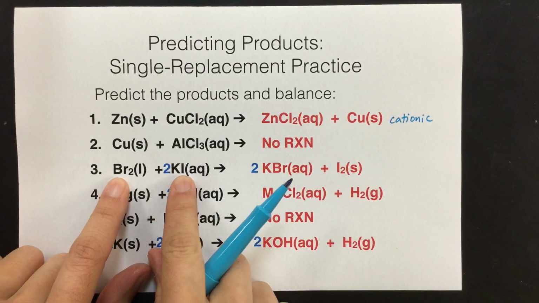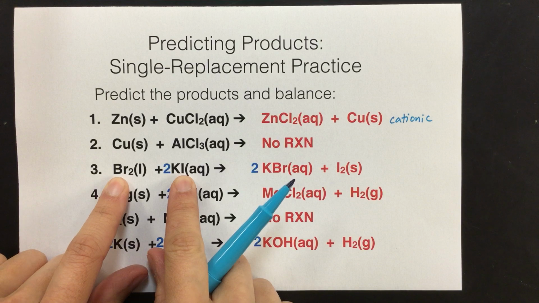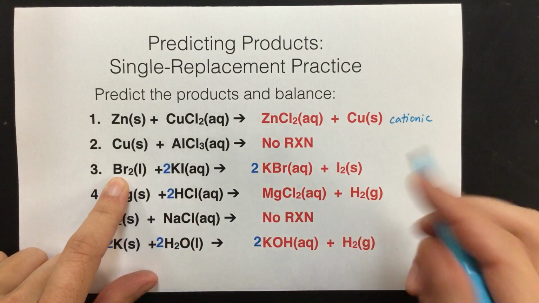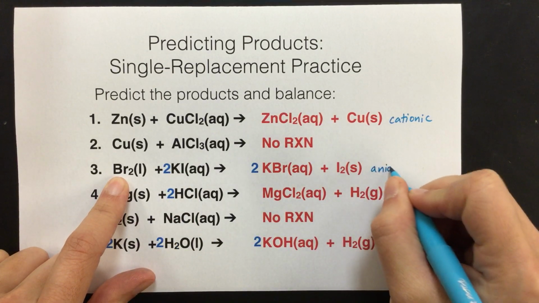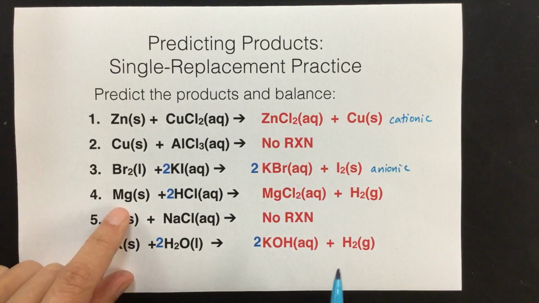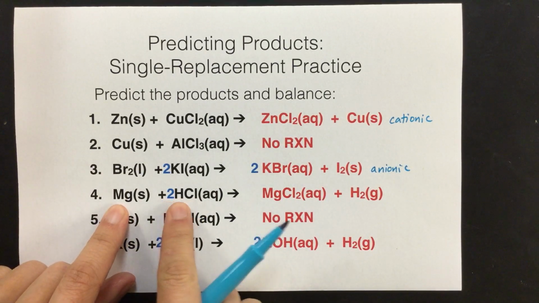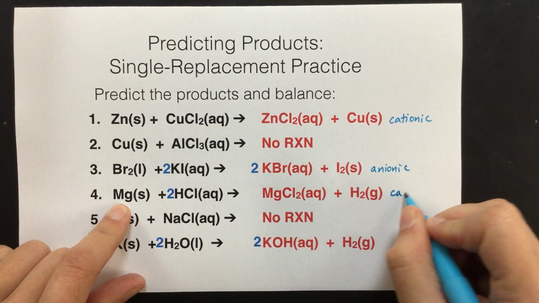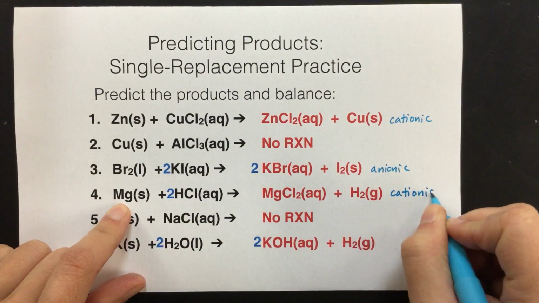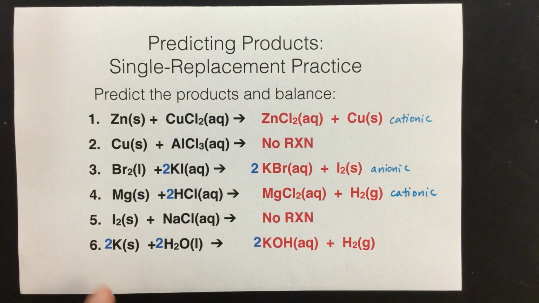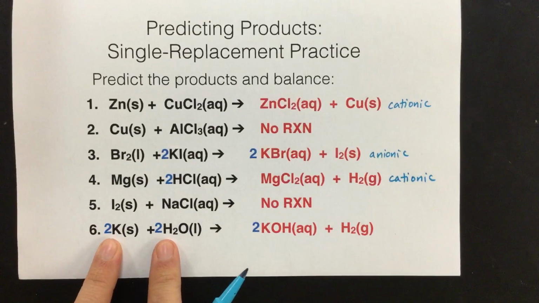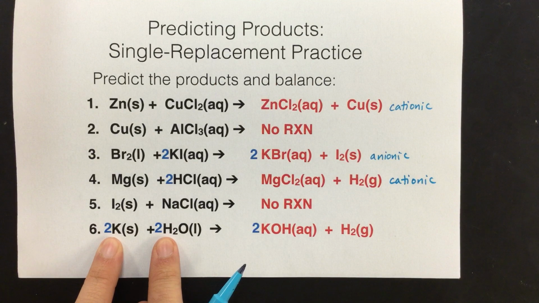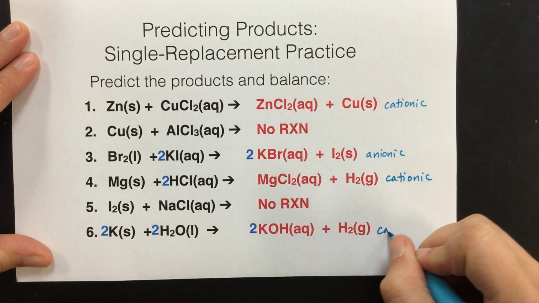Here, bromine and iodine switched places. So since bromine and iodine both have negative charges, this is anionic. Magnesium switching with hydrogen. That's positive, that's positive. Those are both cations. And then down here as well, potassium is switching places with hydrogen. So again, cationic.